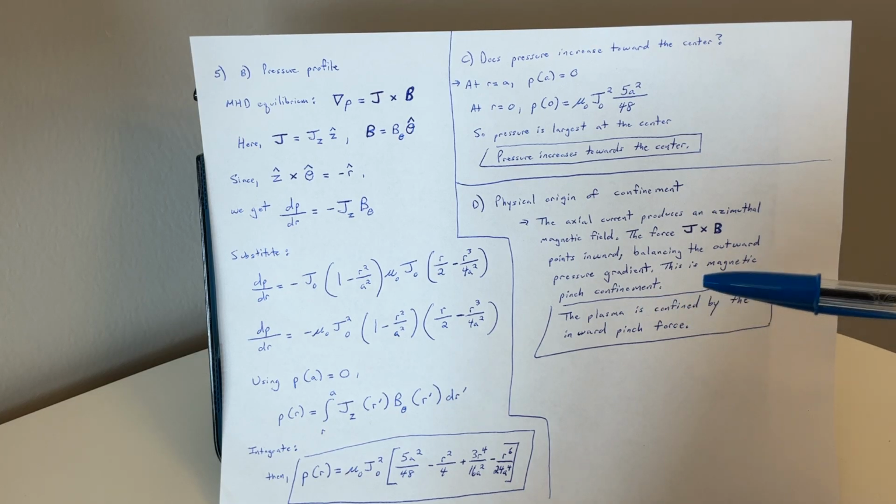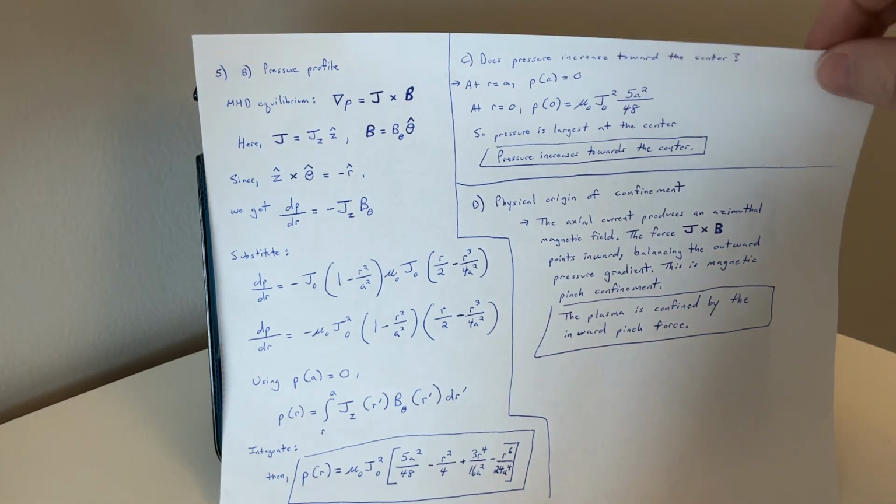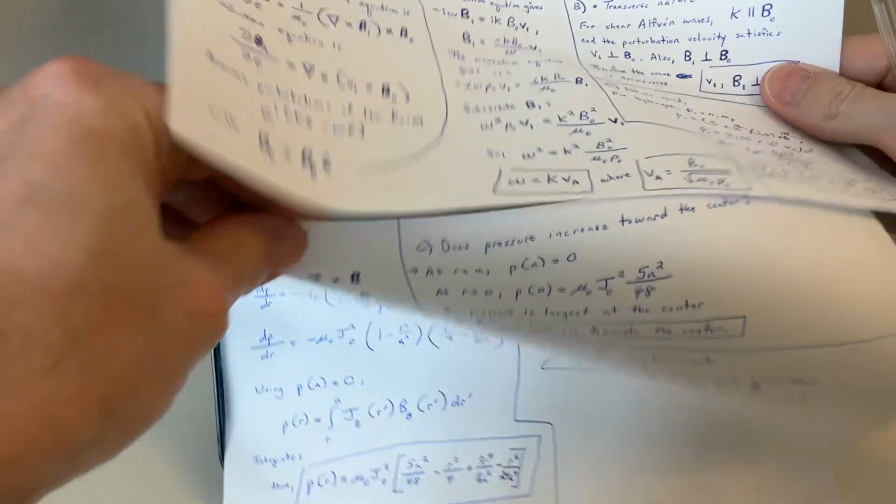And this is magnetic pinch confinement. The plasma is confined by the inward pinch force. So that's part D of number 5, and then we are ready to go into number 6.